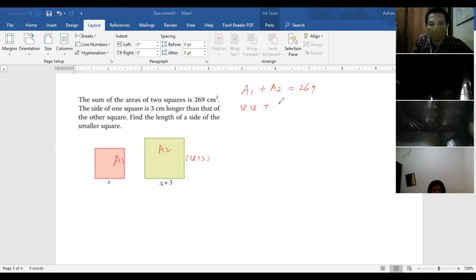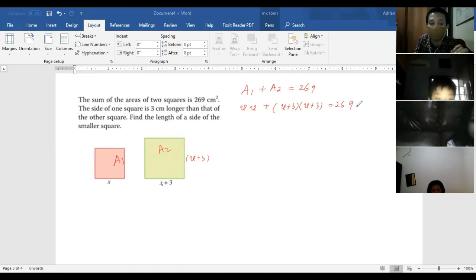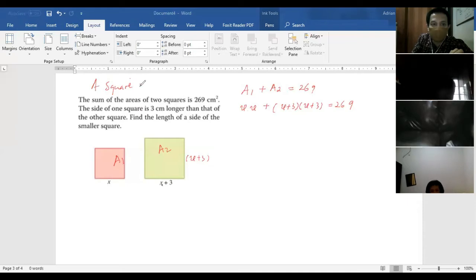So the area is x plus 3 times x plus 3, equal to 269. Is it correct? You know the formula of the area of a square, right? The area of the square is side times side. Very easy, right? Okay, so go.